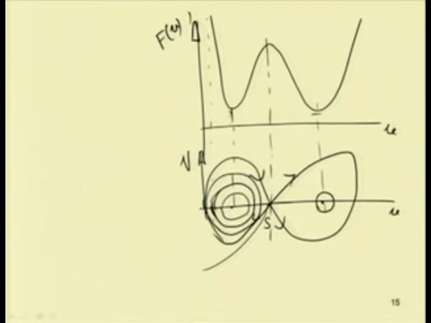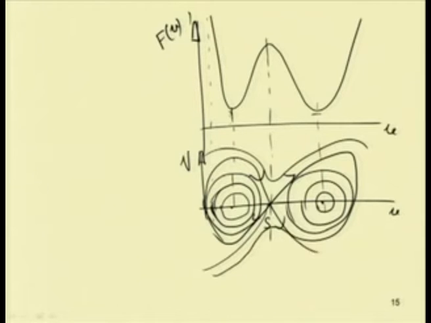Similarly, here we have periodic response in between this. So, the flow remains inside this domain. This orbit is known as homoclinic orbit, and outside this, these will be heteroclinic orbits.